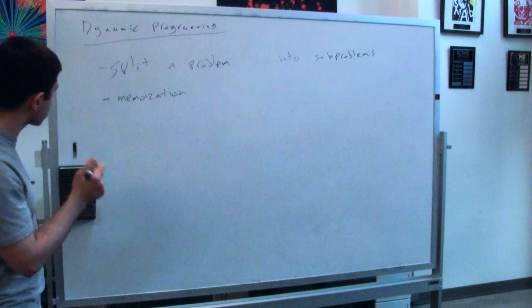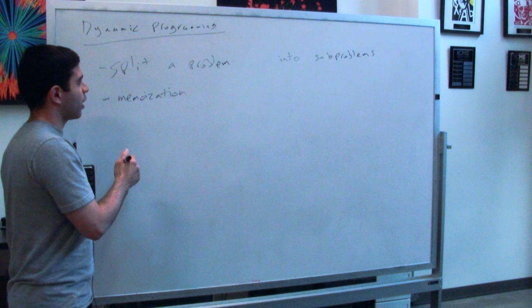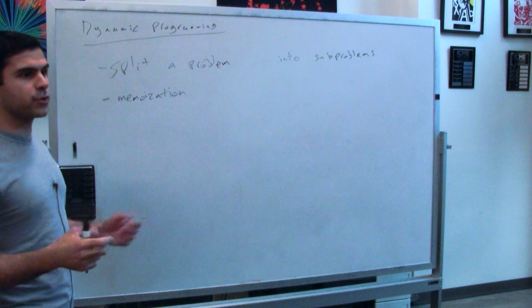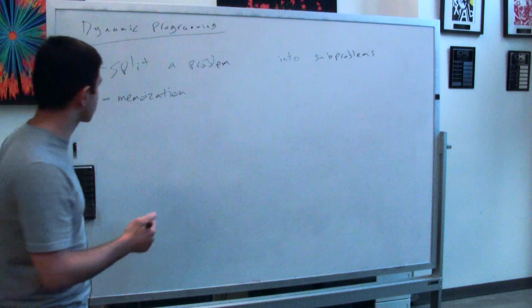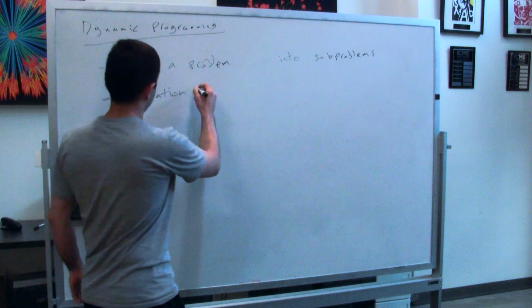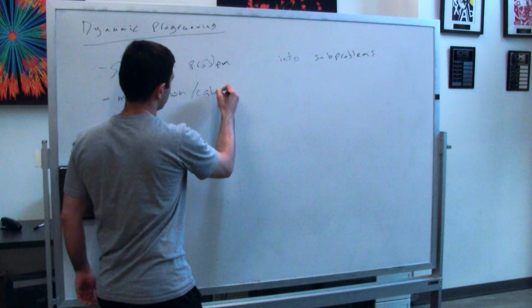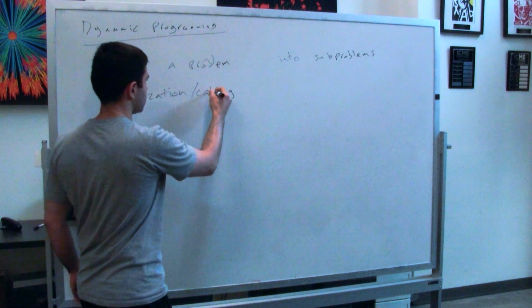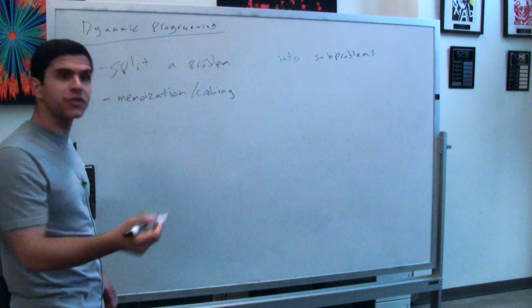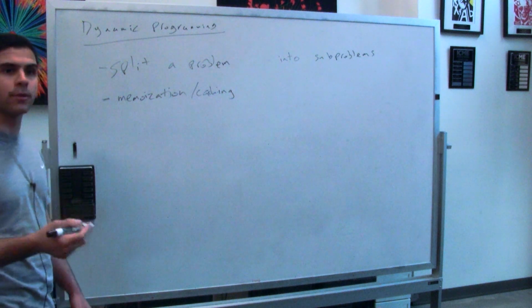Then once you have that done, you can actually undo the recursion. You look at your problem and you see, okay, I'm actually filling in this cache, which is a table. You might be more comfortable with calling this caching. And a cache is really just a table, and you're dynamically filling in this table.